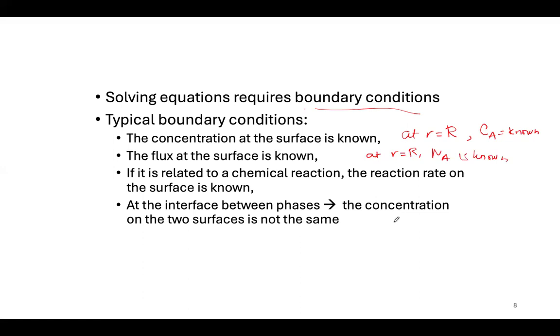If you remember the absorption process, if you have a gas and a liquid, sometimes the concentration of the gas will decrease, but then it will be in equilibrium with the concentration of the liquid. So the concentration on the two surfaces is not the same. The concentration of the gas and the concentration of the liquid are quite different.